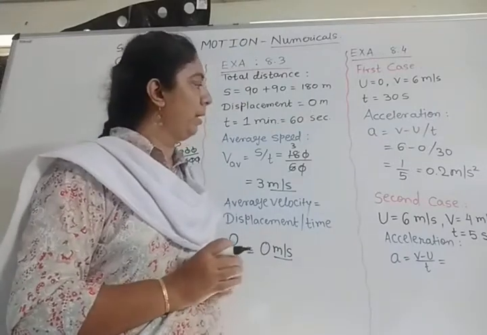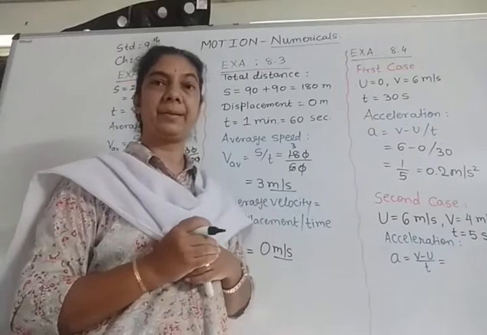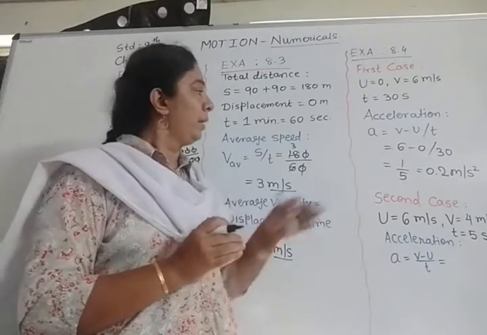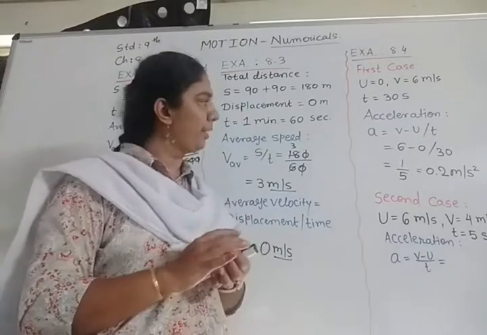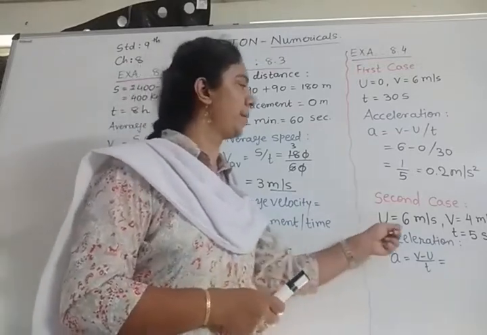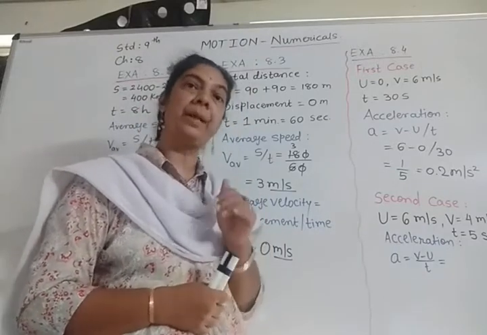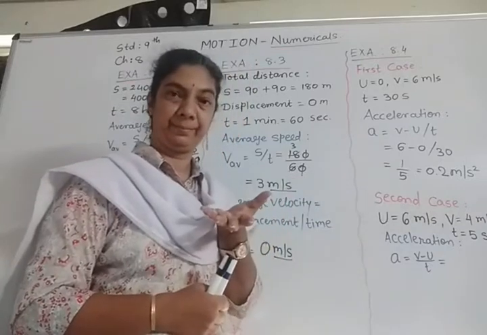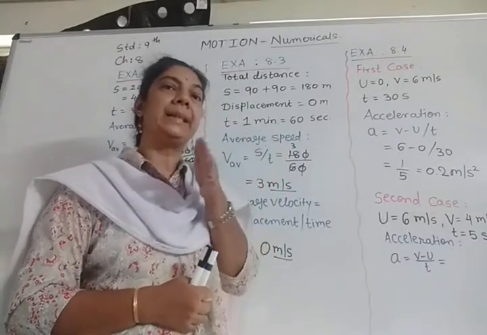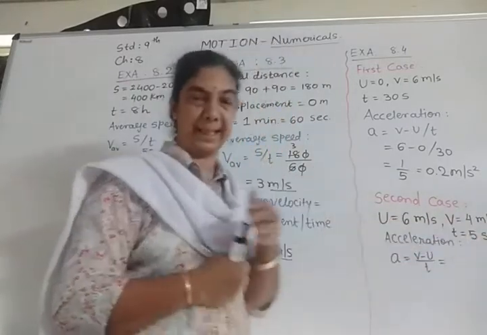Then the second part is also given, that he applies brakes after attaining this speed, and due to that brake, within 5 seconds his speed decreases to 4 meter per second.